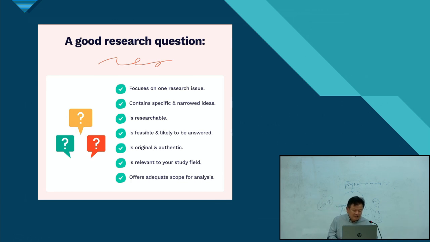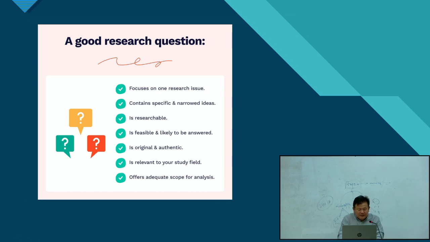This is a related question, but a good research question is focused on only one research issue, only one. The related question, I said, is a repeated question or a different question that changes your answers. That's why a delayed question is okay, but anyway, focus on one research issue.